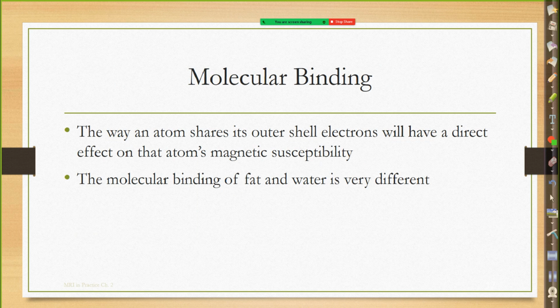All right, let's talk about molecular binding for a second. So molecular binding is the way an atom shares its outer shell electrons, and that will have a direct effect on the atom's magnetic susceptibility. So the molecular binding of fat and water is very different.